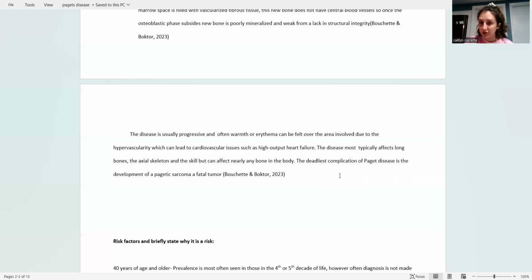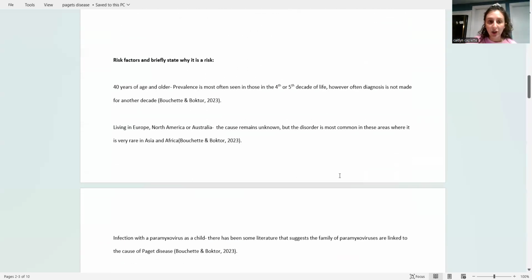The disease most typically affects the long bones, the axial skeleton, and the skull, but it can affect nearly any bone in the body. The least common, though, is the hands and the feet. The deadliest complication of Paget's disease is the development of a Pagetic sarcoma, which is a fatal bone tumor.